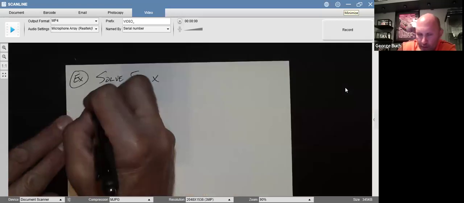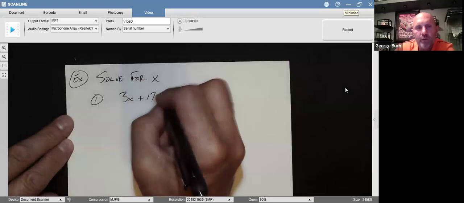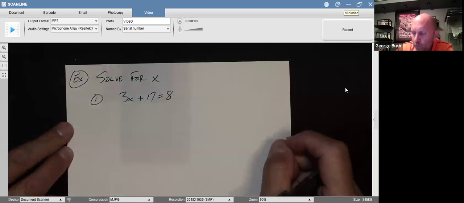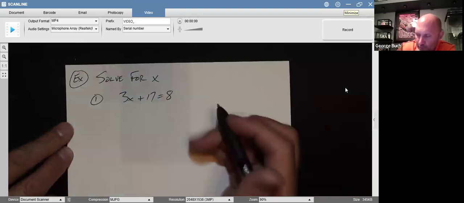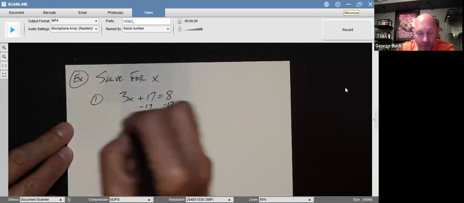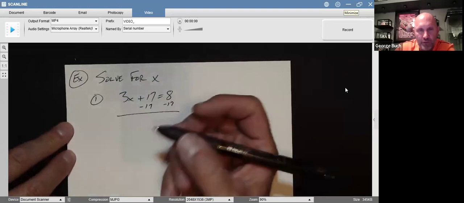The first one, we have 3x plus 17 is equal to 8. So we have to do what? We've got to get rid of the 17 first. So subtract 17. As I warned in the first video, just be careful with the arithmetic.